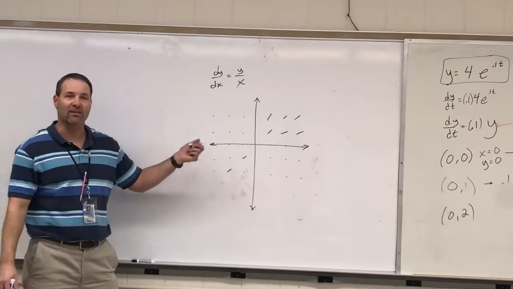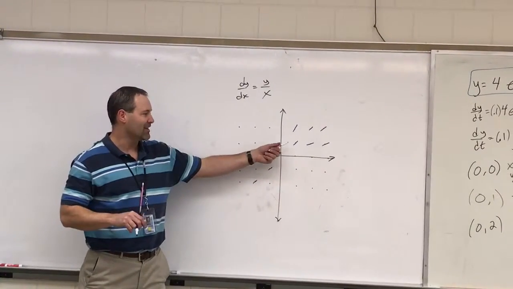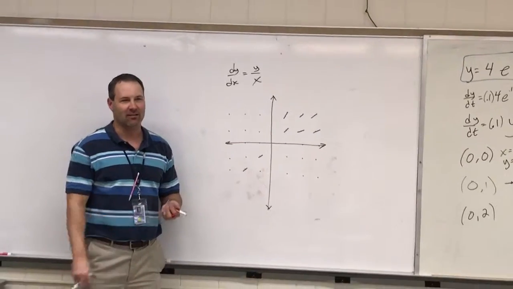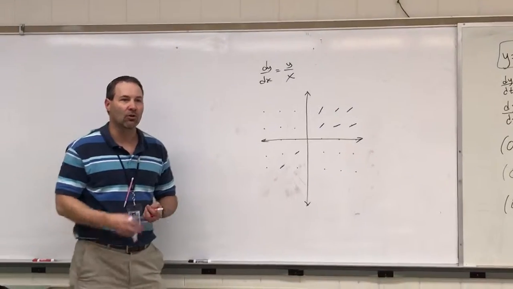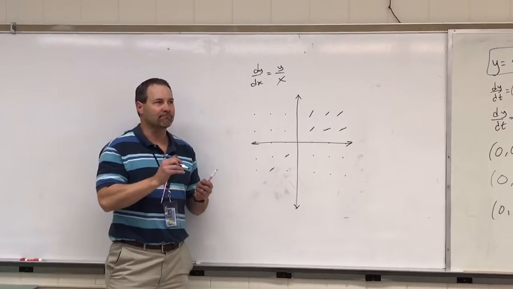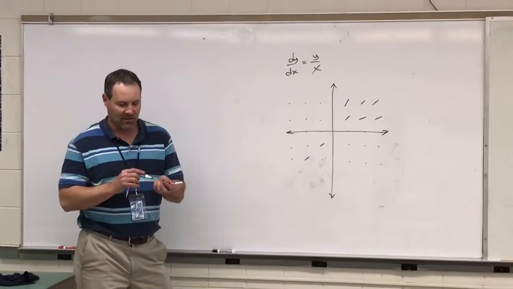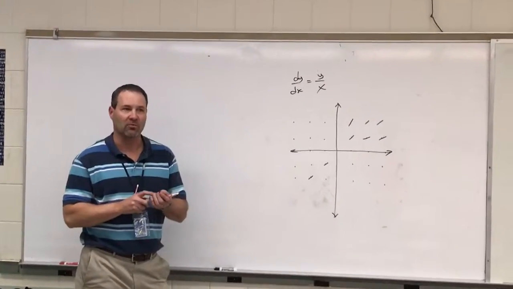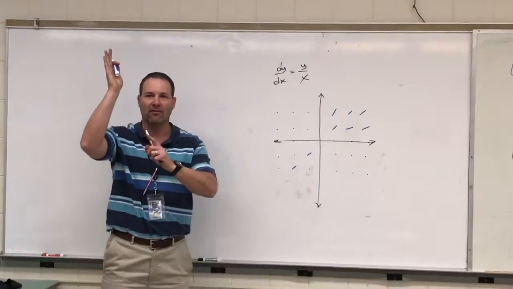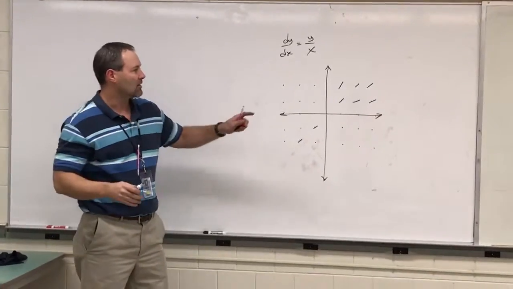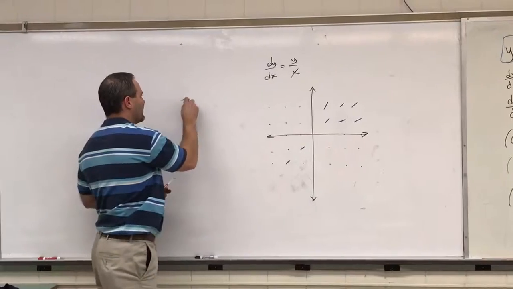Do you understand how to create a slope field? Yes. Find the slope at that individual ordered pair and draw an arbitrarily short line segment at that point. I still don't understand what you're using the slope field for. Okay, so for real life applications, the best example would be a weather map where it shows all the wind vectors. You watch the weather and it'll have all these little individual vectors.